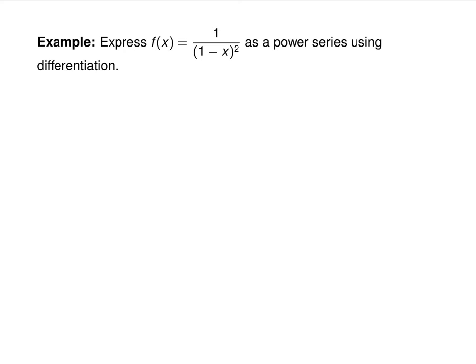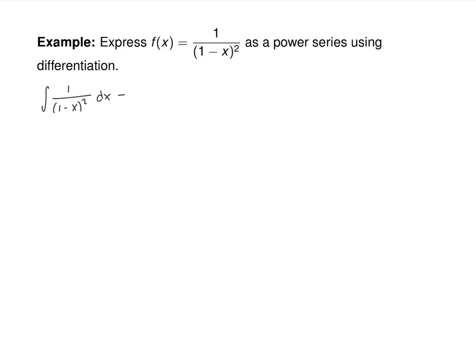So express f of x as a power series using differentiation. What we're going to start by observing is that if we anti-differentiate this thing, it will tell us what we have to differentiate to get it.